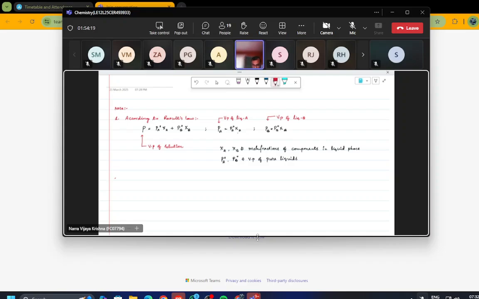Now, the second point I'm writing. According to Dalton's law, what is Dalton's law? P is equal to PA plus PB. Correct? Where PA equals YA into P total.